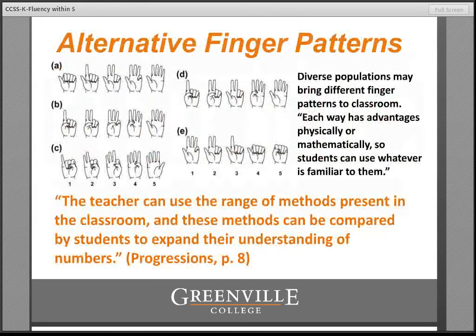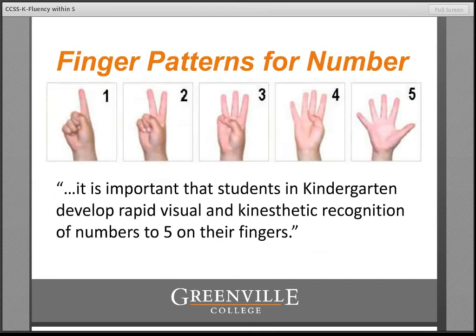Now, if you have a very diverse classroom, it could very well be that some of the students in your classroom come from other cultures where number is represented differently. So the typical US pattern is to put the index finger up first to represent 1, which is what you just witnessed back here in this slide. The index finger was 1.